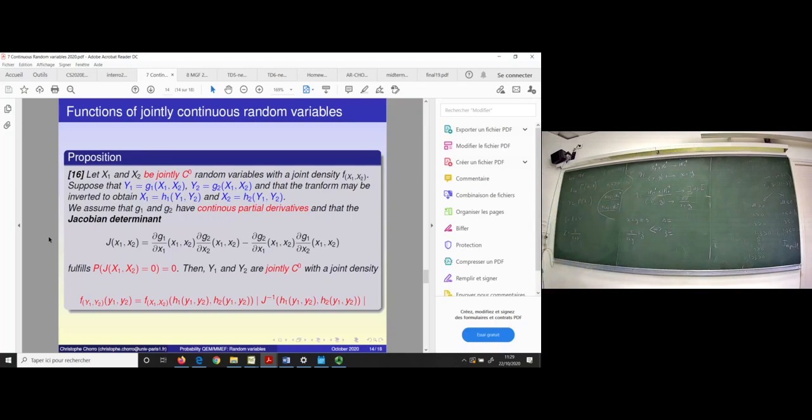I have to invert. So I have a system with two equations and two unknowns. So just be careful because it's not a linear system. Yes, in fact here it's a linear system in x and y, whatever. Because I multiply.